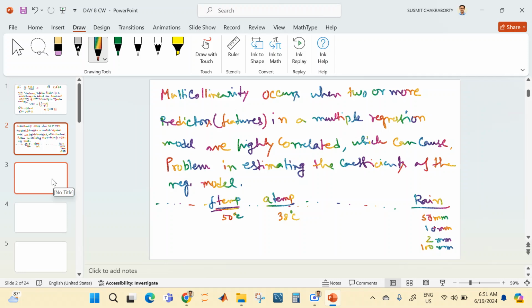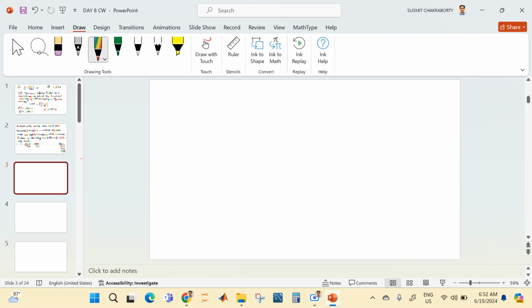I have already told you in the last class about centered data. Suppose some data are present here. If I center them, the same data points will be converted into, suppose, 1, 2, 3, 4, 5, 6, 7, 8.